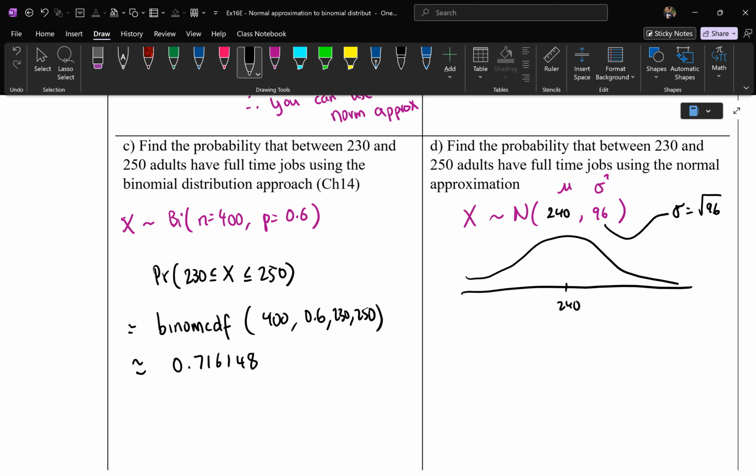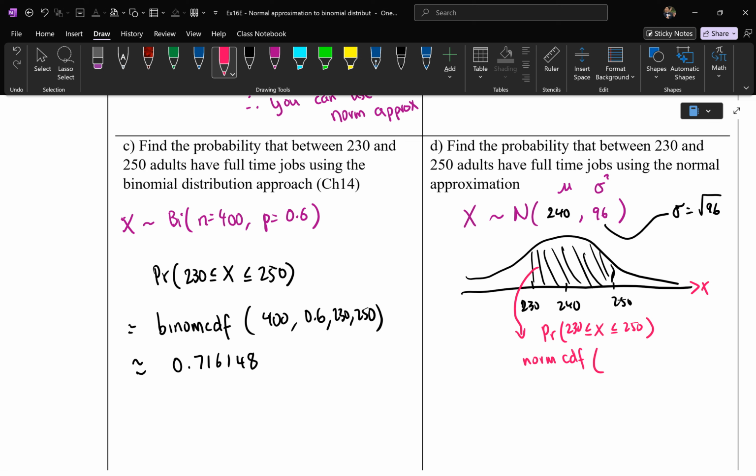So when we're doing normal calculations, we're looking between 230 and 250. We're asking, what is the area between 230 and 250? And we've learnt in chapter 16 that to find the area is the probability. To work this out, we use normCDF. So we're looking for the probability of X between 230 and 250.